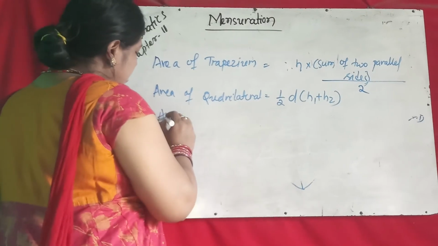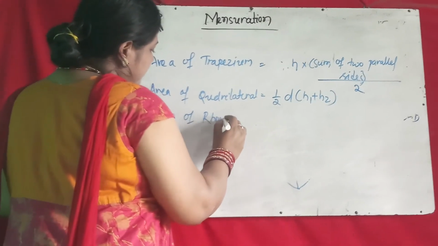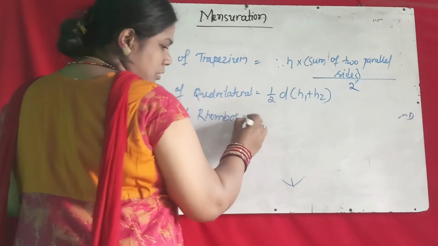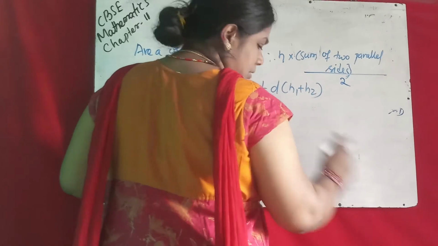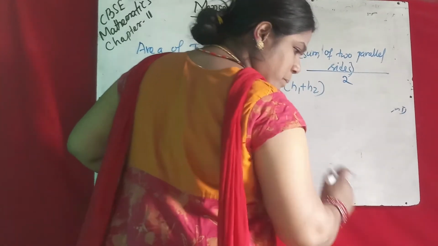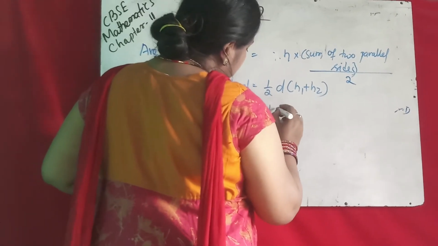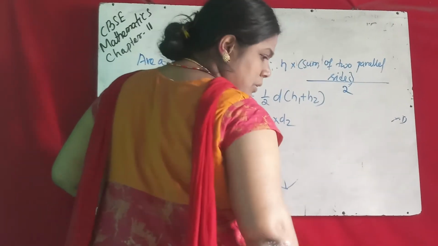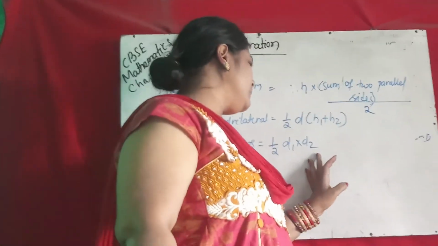Then area of a rhombus equals half into D1 into D2, that is, half into diagonal 1 into diagonal 2.